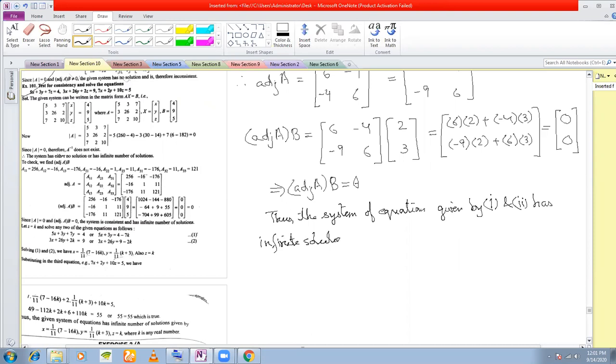The question here is that if a system has infinite solutions, then it is what? Consistent. There is at least one solution. So hence the system is consistent.